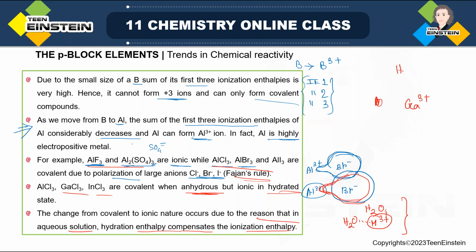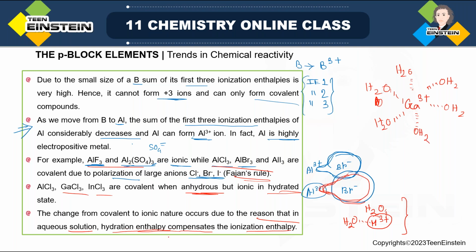Now it is surrounded by water molecules, and that is why it is solvated, it is stable. So when it is solvated by different water molecules, there will be hydration enthalpy that we have to consider. When any cation is solvated, that is hydrated, because now the solvent is water, so I am using the term hydrated, not the general term solvated. So when it is hydrated, some energy is released because the system is becoming more stable. So when the system is becoming more stable, some amount of energy is released.